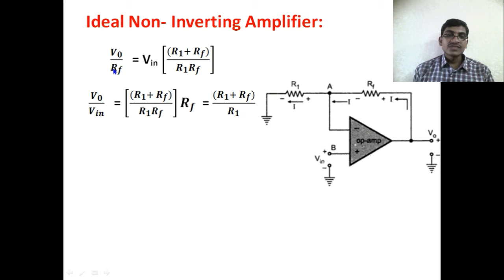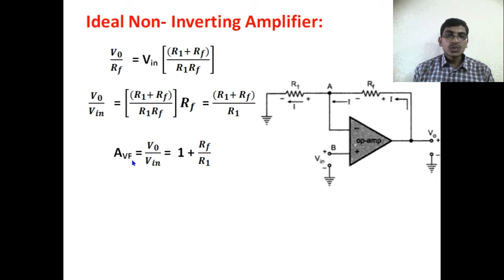Okay, this Rf is going to the right hand side and getting multiplied here. After multiplication, this Rf and Rf will get cancelled. We will get R1 plus Rf by R1. Again, if you split this equation, R1 by R1 is 1, plus Rf by R1. 1 plus Rf by R1 we will get.